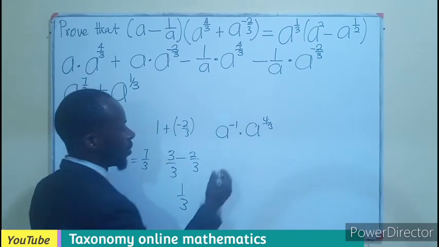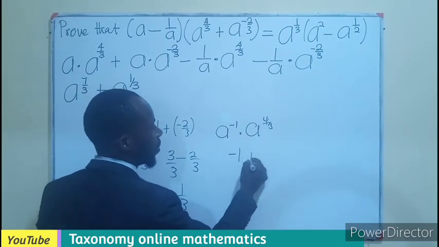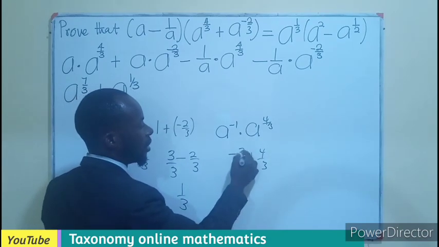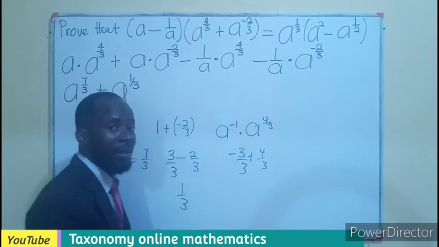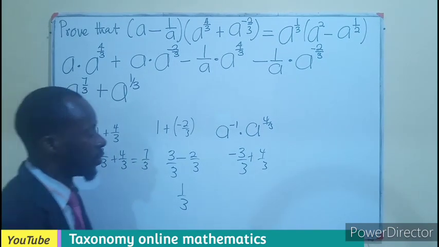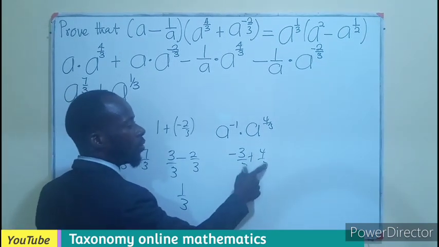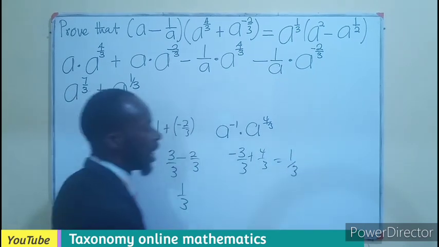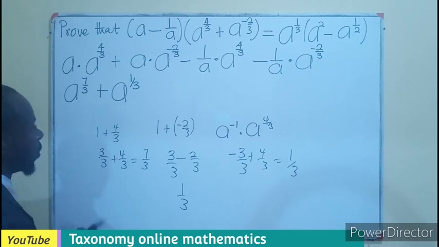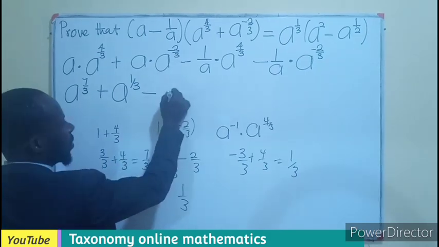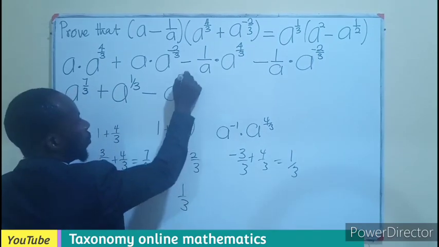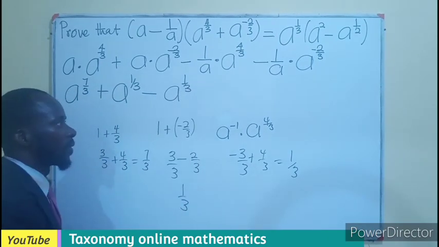So we have minus 1 plus 4 over 3, which could also be minus 3 over 3 plus 4 over 3. So the bases are the same, 4 minus 3, we still have 1 over 3. So this is minus a exponent 1 over 3.